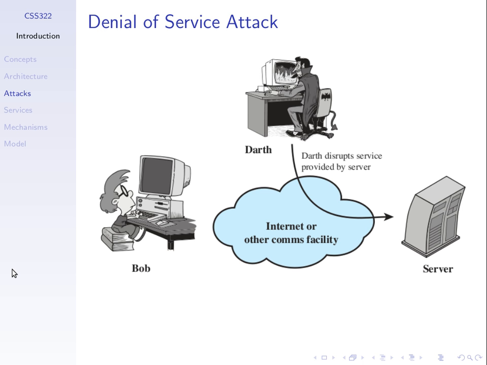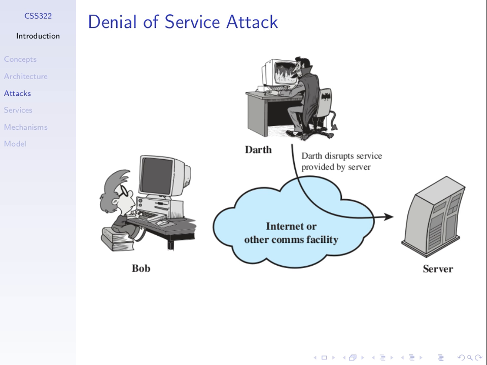Last one, slightly different. We have a server providing some service to the users, a website, for example. Normally, the users access the website and get some information or perform some operations. Our malicious user starts sending many messages to this server.